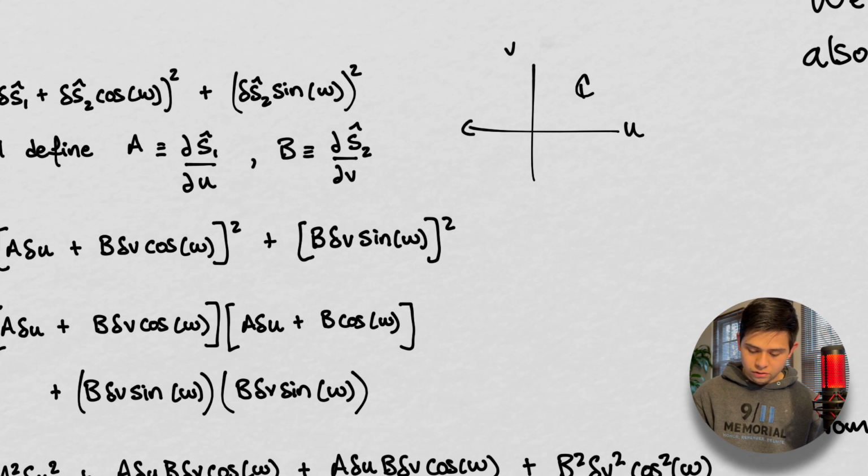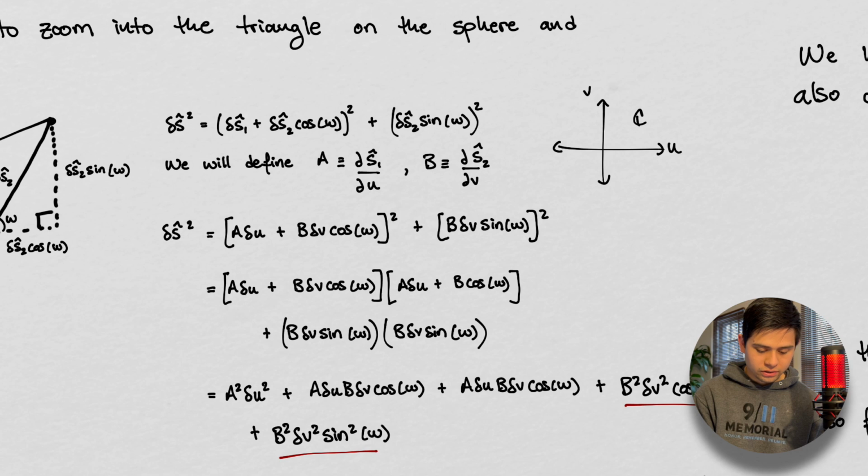So this is on the complex plane, and A tells us how much a distance changes in S1 on the sphere when U changes, and B tells us how much the other perpendicular distance changes when V changes as well.